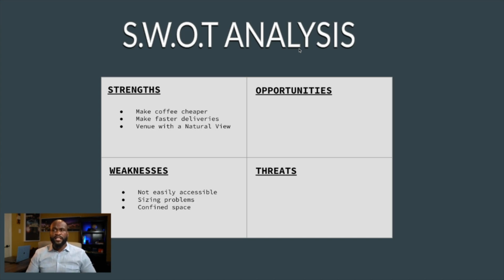Another weakness, especially for my venue, is a confined space. Every time we have a wedding and somebody wants over 300 clients, sometimes we lose out on that business because we're completely unable to increase the size of the building to meet an increased guest count.